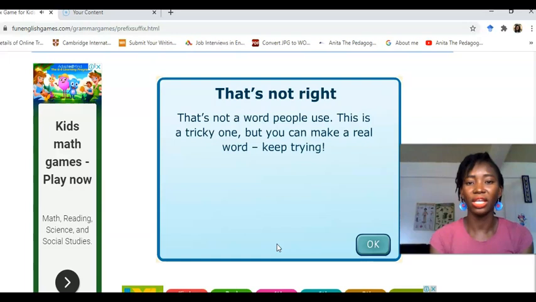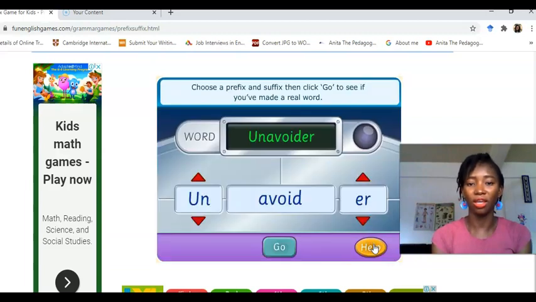And so when they choose the inappropriate word, they are told outright that that is not appropriate and that's not a word people use. And that's a kind way of actually telling somebody they are wrong. And the fact that this is a tricky one, but you can make a real word, keep trying. And this encourages the students to keep trying to make a correct word.